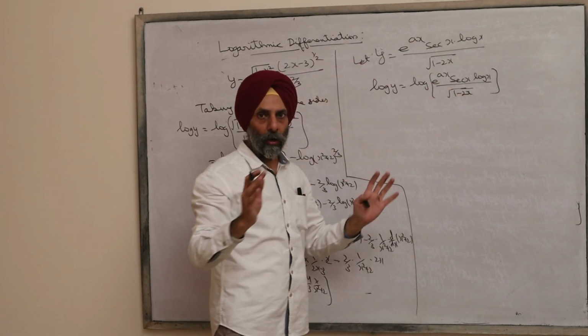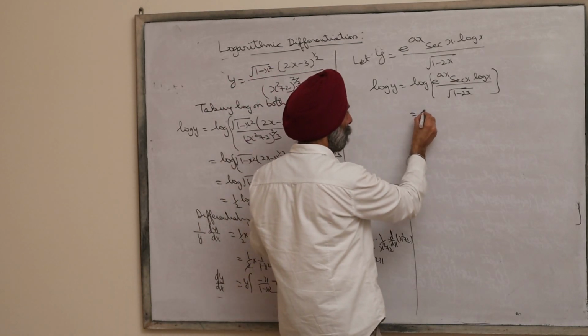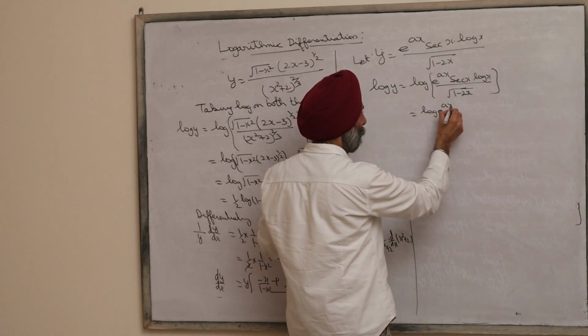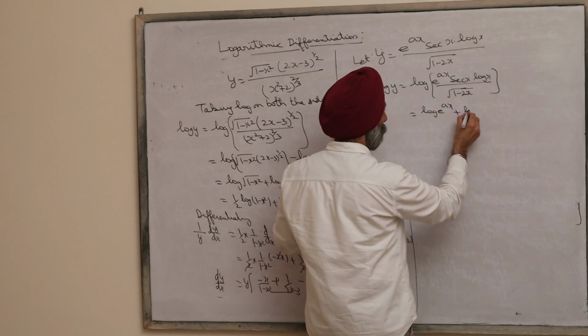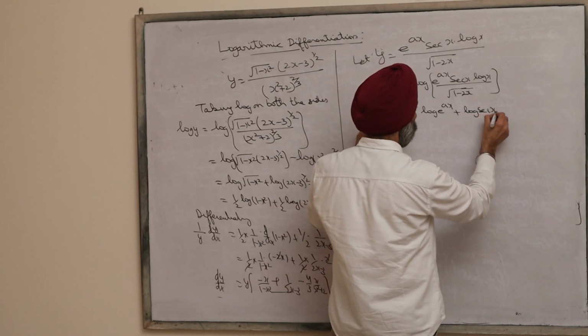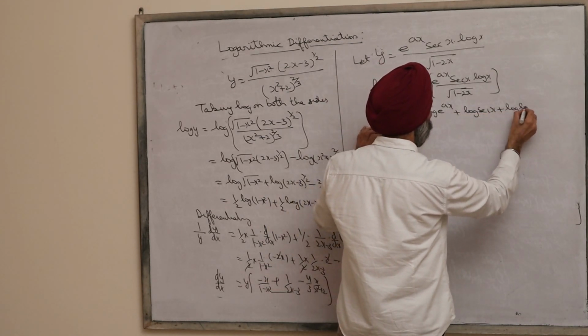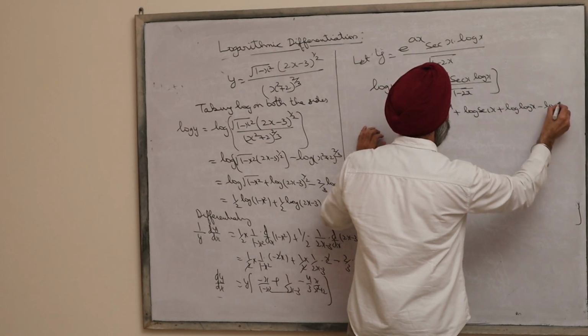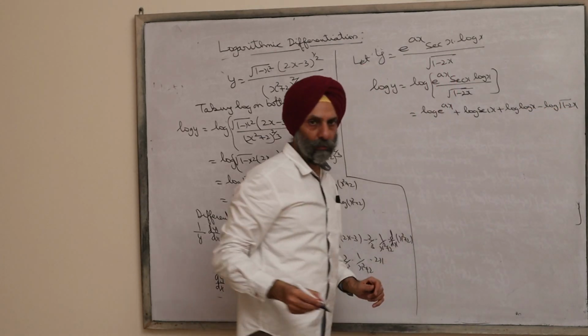So this is log of the function. Can I write this as log of e raised to power ax plus log of secant x plus log of log x minus log of under root of 1 minus 2x.